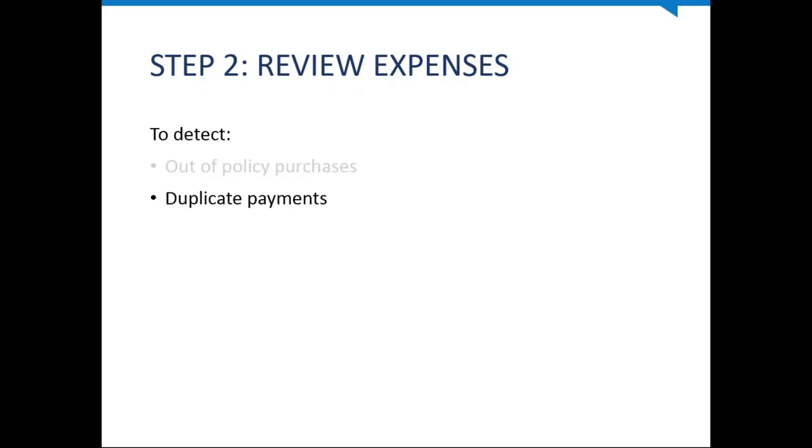Others include duplicate payments. 2 employees go out for lunch or for a meeting with a prospect, and both employees submit the same expense. Or also, you might find that there are duplicate payments across your P cards as well as AP, and we'll touch a little bit more on that later on.